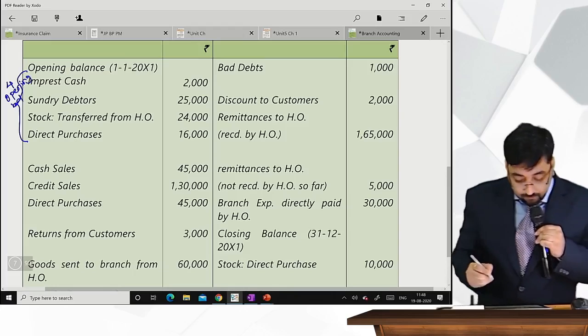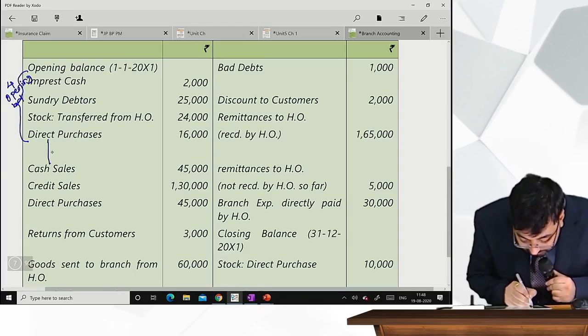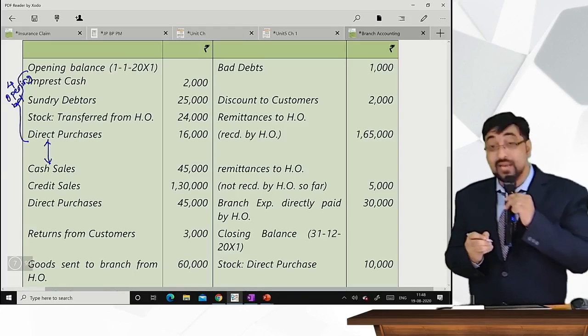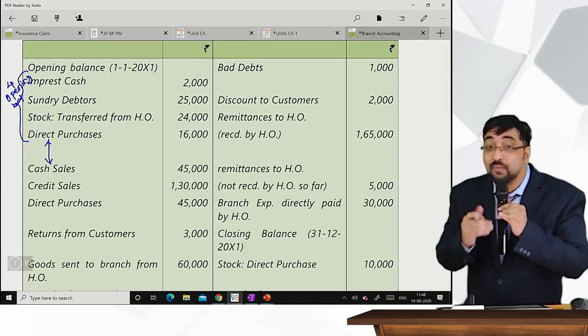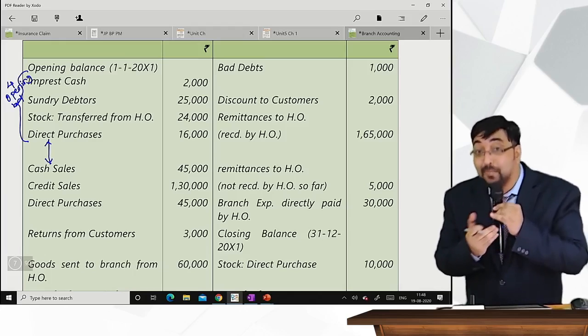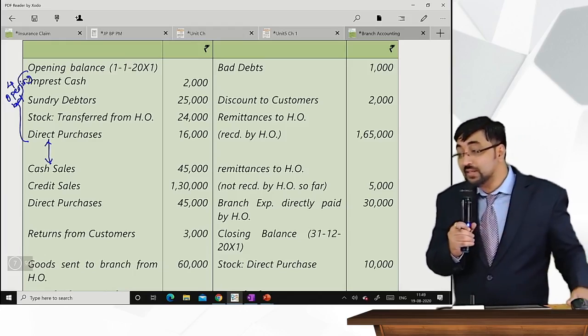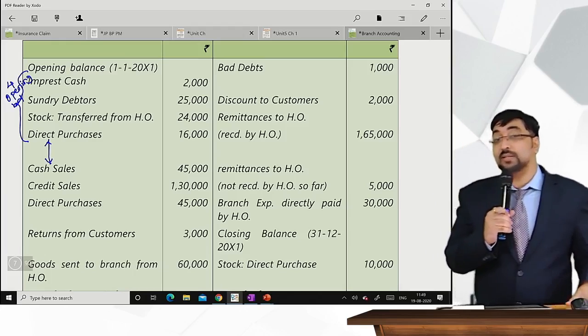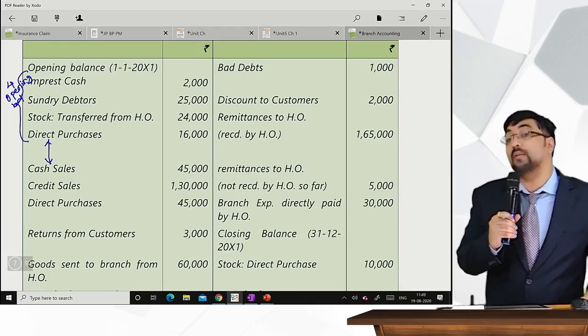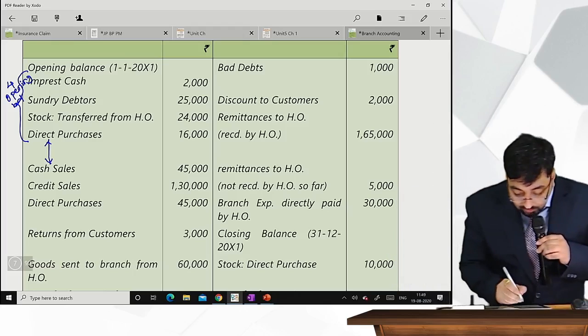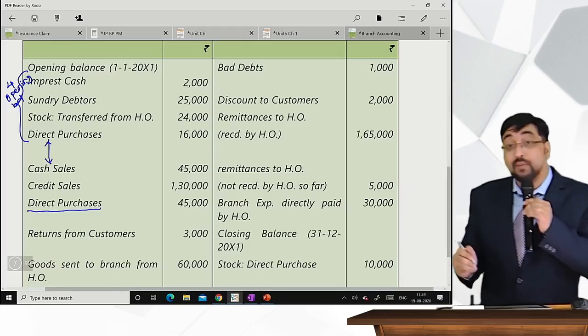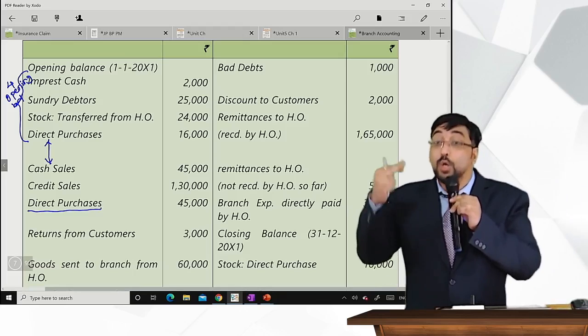Some students can find there is direct purchases and after that there is a space. This space indicates direct purchases is a part of opening balance. After that also you can find direct purchases, but these are direct purchases during the year.